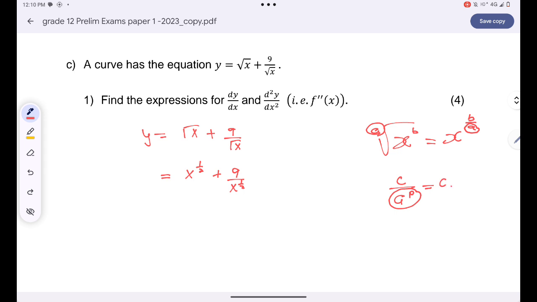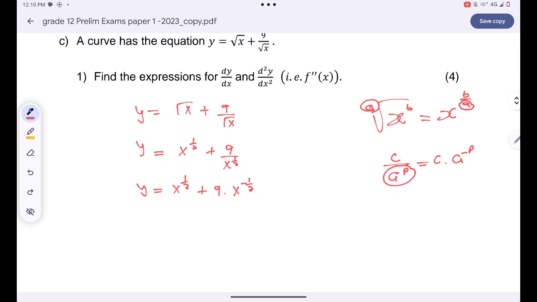I'll still have the constant term, and then I'll have a to the power of negative p. Are you together? So over here, I'll just have x to the power half plus 9 times x to the power of negative half. So remember that this is just equal to y.